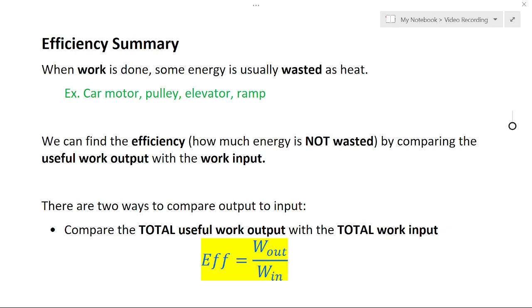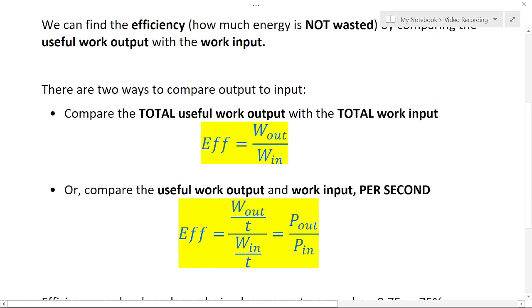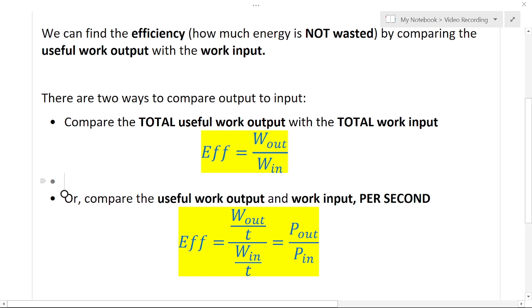Now there are two ways to look at the output versus the input. First, we can compare the total useful work output with the total work input. Secondly, we can compare the work output and the work input per second.